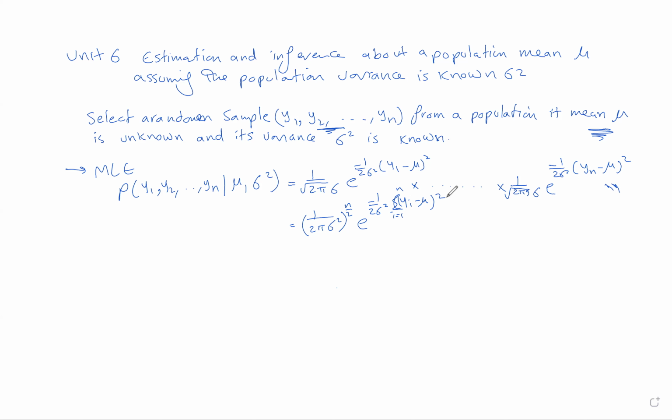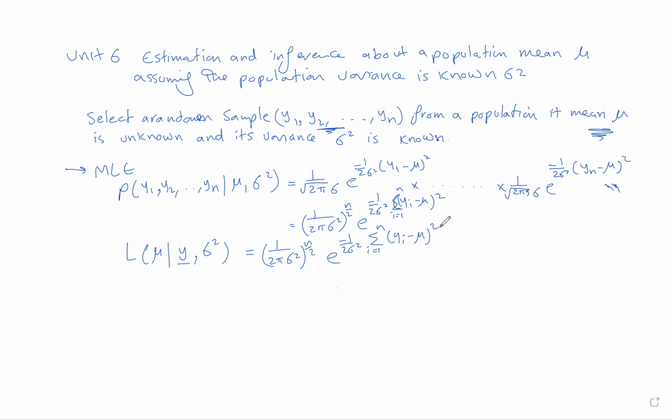But if mu is unknown and sigma square is known, and we selected the data y1 up to yn and plug in these values in this equation, the only thing unknown is mu. So the likelihood of mu, given that we collected the data vector of values and sigma square is known, equals 1 divided by 2 pi sigma square, all to the power n over 2, e to the power negative 1 divided by 2 sigma square, sum over i from 1 to n of yi minus mu square.